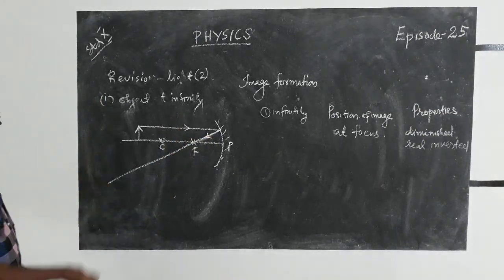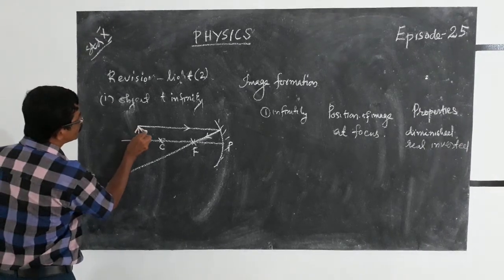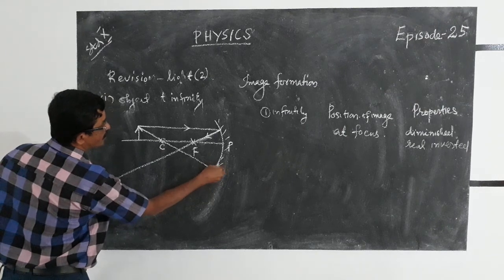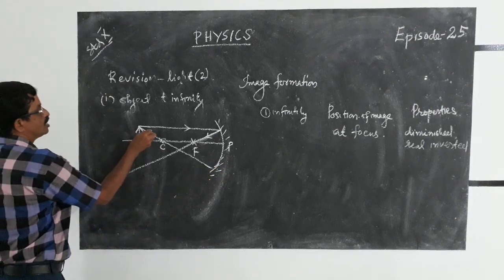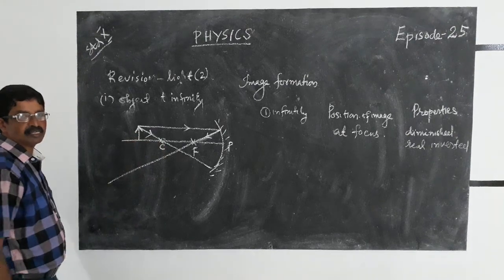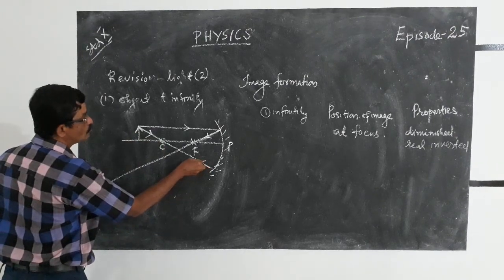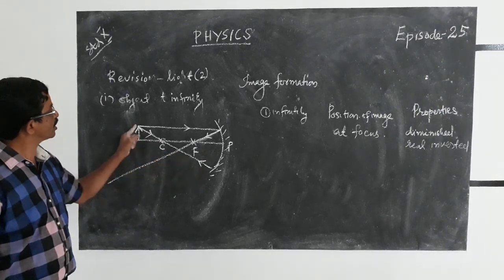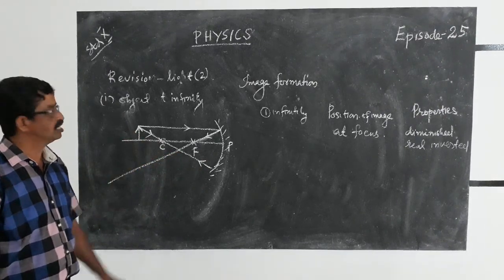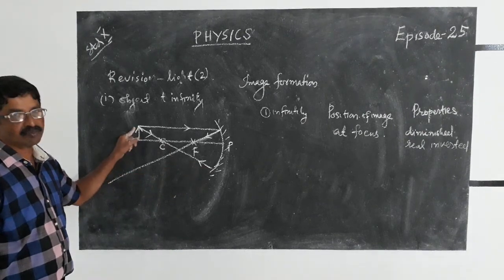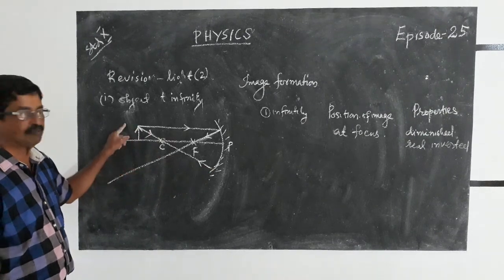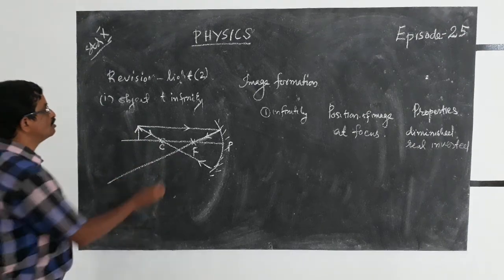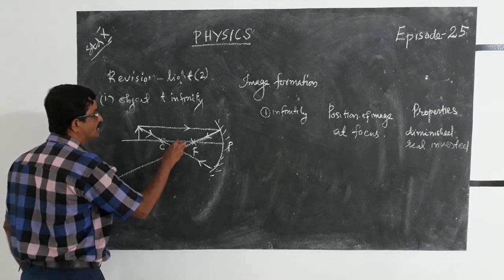Now this is the reflected ray of this one. Now we draw another ray which goes through the center of curvature and strikes the mirror. We know a ray passing through the center of curvature is reflected back along the same path. So the two reflected rays meet at this point. Here we get the image.